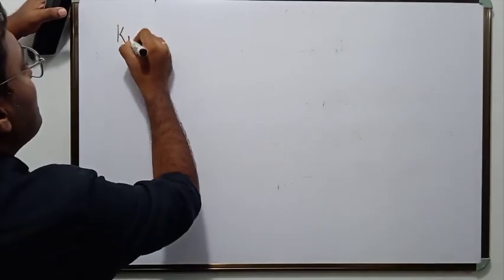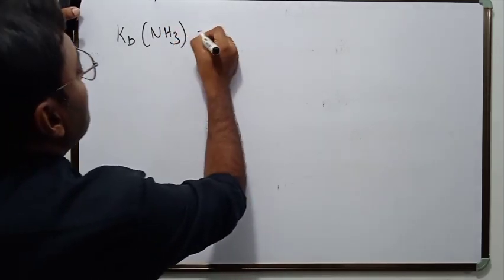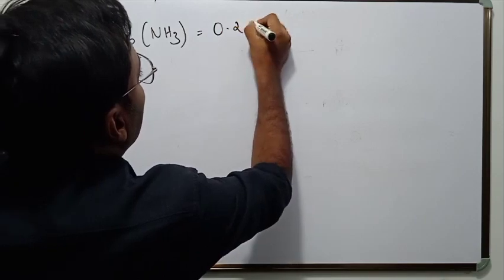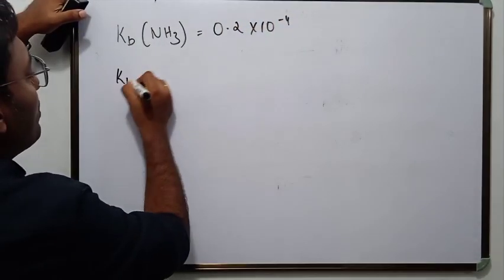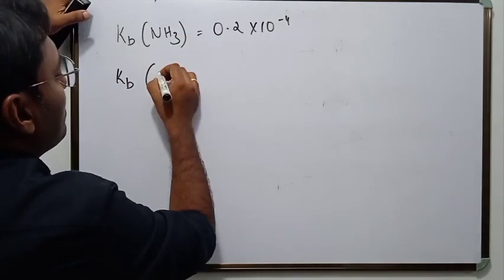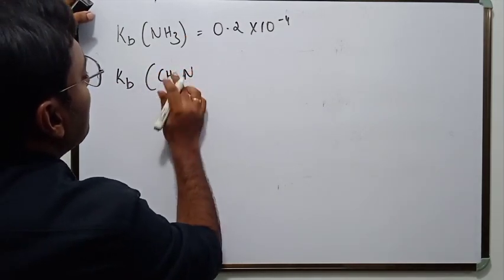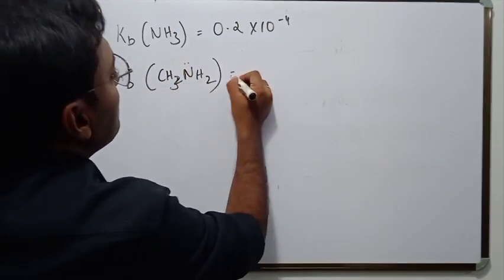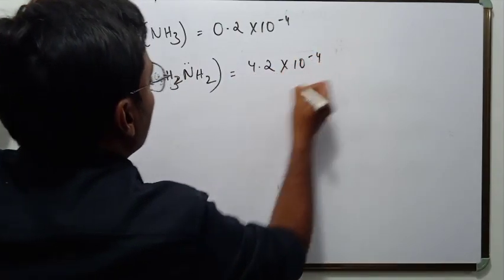The result is as follows: Kb for ammonia is 0.2 into 10 raised to the power minus 4. Kb for primary amine, that is methylamine, is 4.2 into 10 raised to the power minus 4.